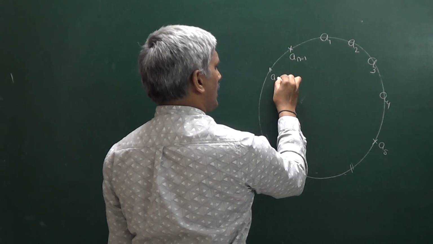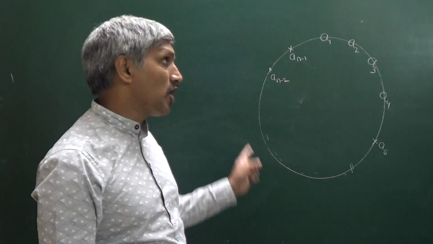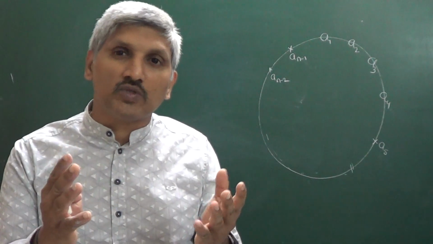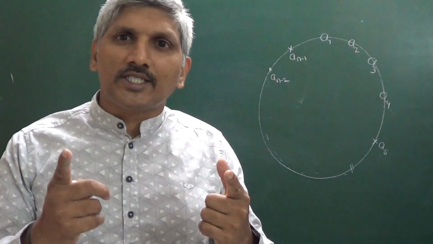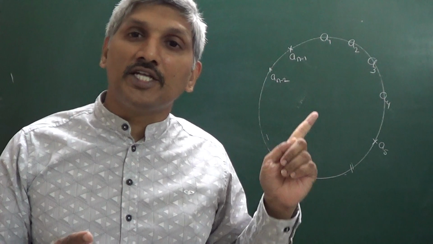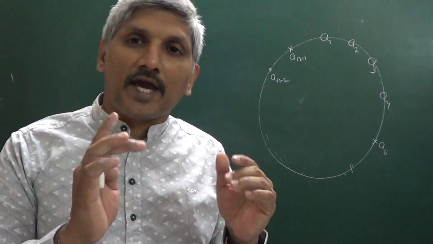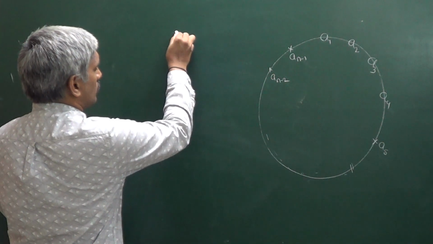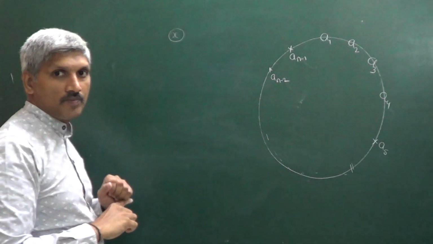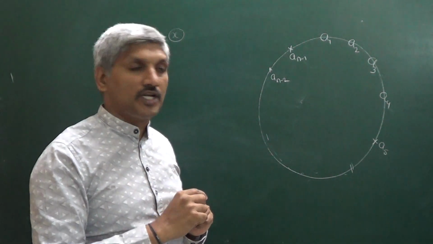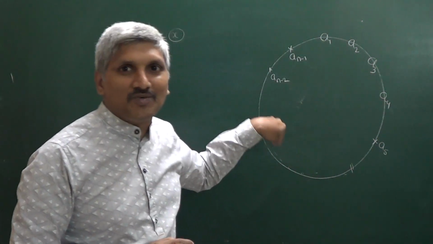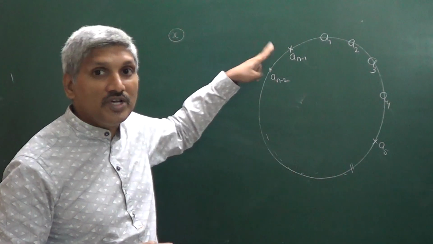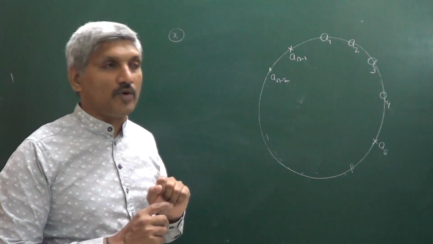N objects can be arranged circularly in how many ways, we don't know. Let us say n objects can be arranged along a circle in x ways. The number of possibilities is equal to x, I am assuming. Among those x possibilities, this is one of the possibilities: A1, A2, A3, A4 and so on up to A n minus 1.